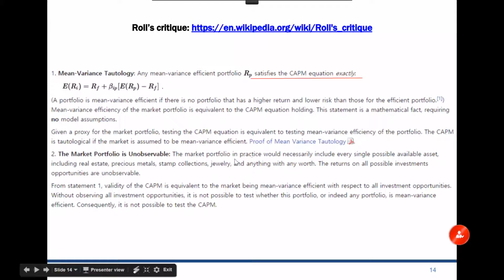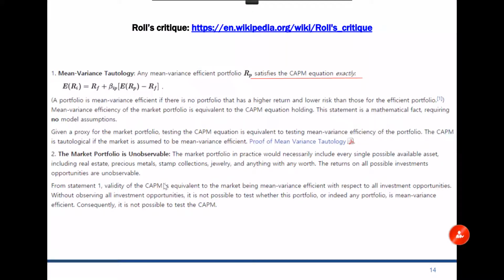The market portfolio in practice would necessarily include every single available asset, including real estate, precious metals like diamonds, stamp collections, jewelry, anything with any worth. The returns of all possible investment opportunities are unobservable.